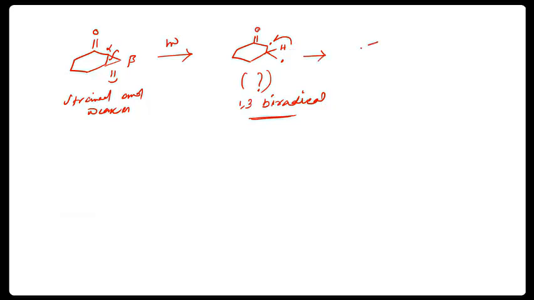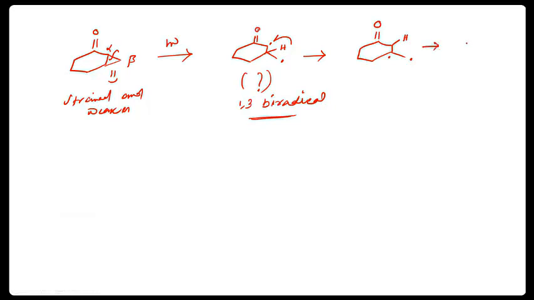We will have these things: C double bond O, and a hydrogen atom. Now we have one dot here, and another dot here. It is going to migrate, leaving the other dot here.